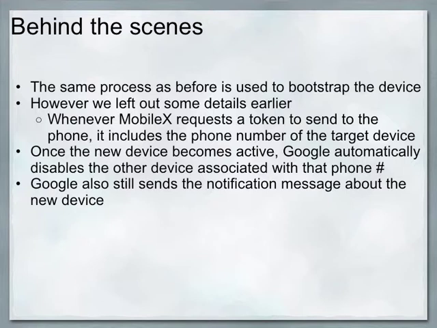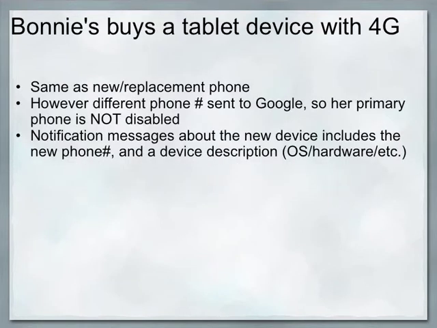Now, if the user then activates that device by also typing their code, that information gets back to Google or the user relationship manager, who can detect, oh wait, this is a second device for the same phone number. So Google can just automatically disable the token associated with the first device bound to that phone number. You'll also notice that that phone number is used in the notification message sent to the user's account about the new device. So that's a very nice security characteristic.